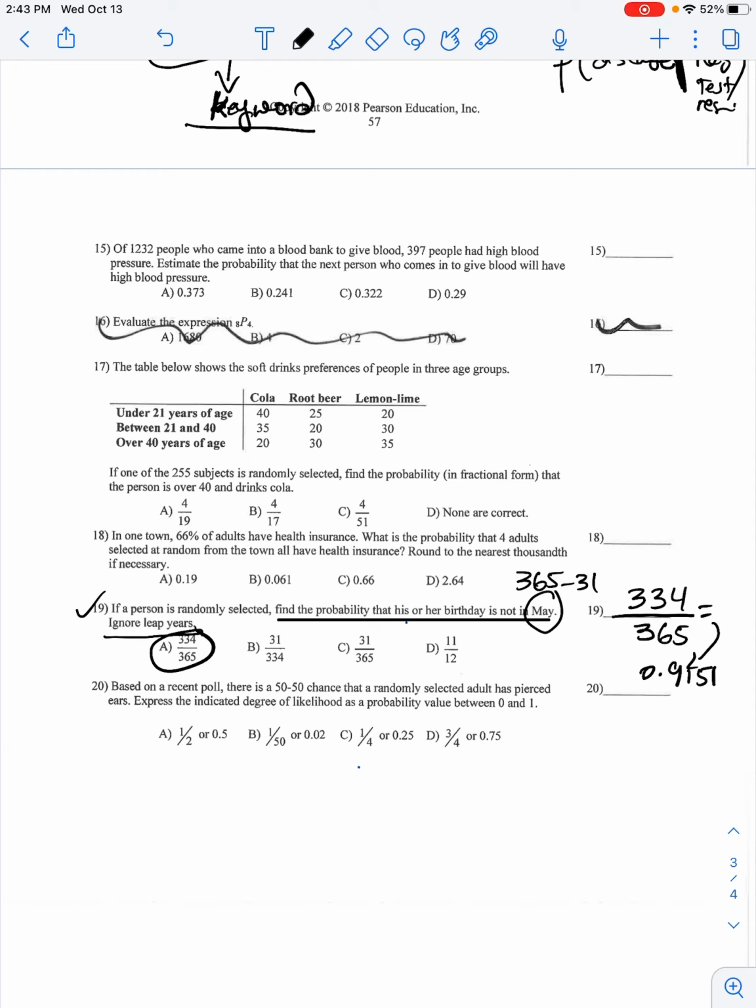Someone may say that there are 12 months in a year, and if it's not May, anything but May is 11 months. So 11 out of 12 is 0.917. Do you see to 2 decimal places you have accuracy?